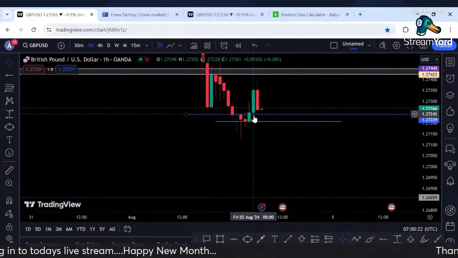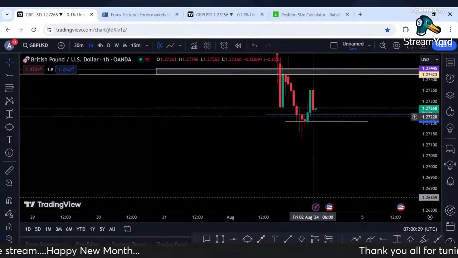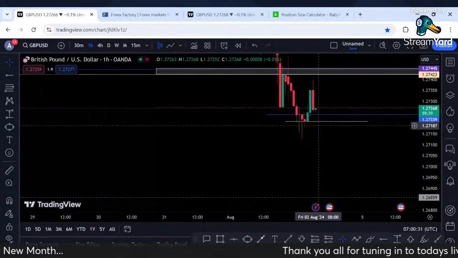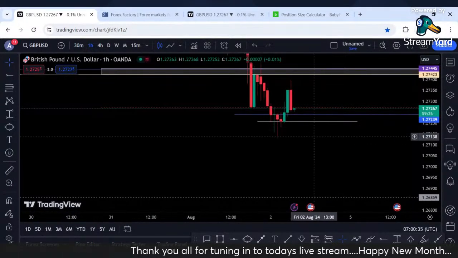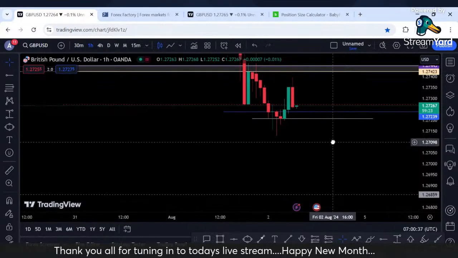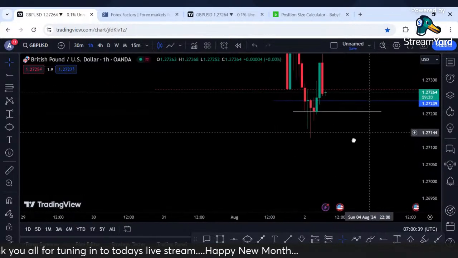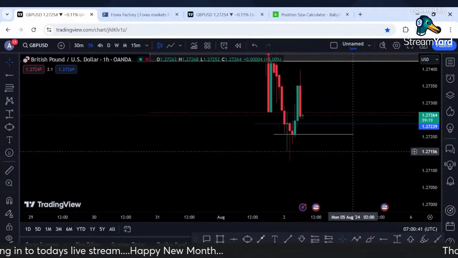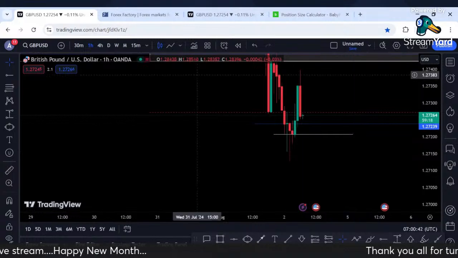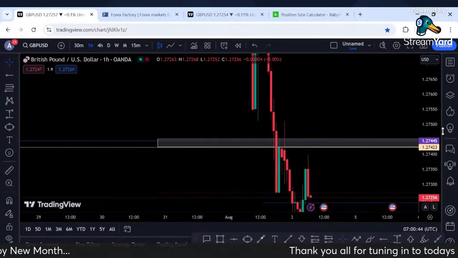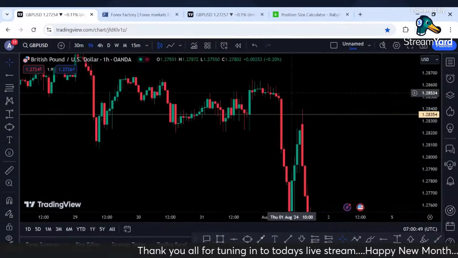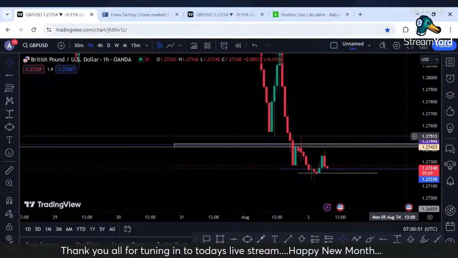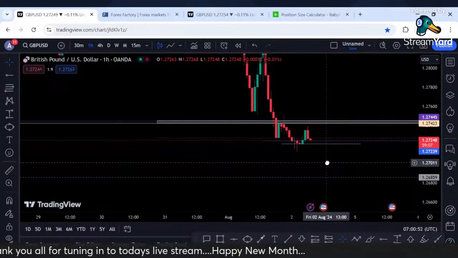I want it to break and close beneath this one. So the bias for the day is a sell, as I said when I came to the market. Yesterday we missed the whole of the big move because of a small thing that I was waiting for. You would have taken advantage of all this move.